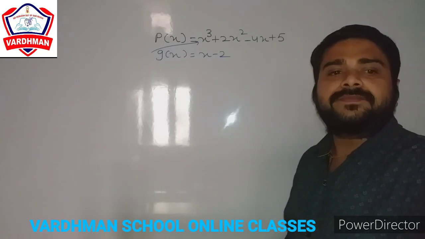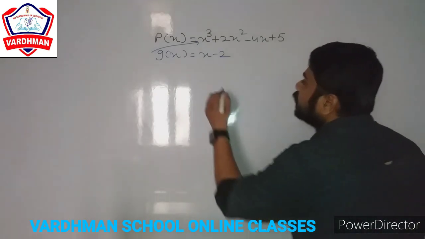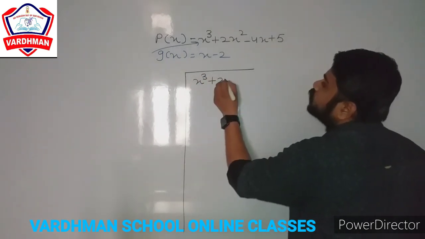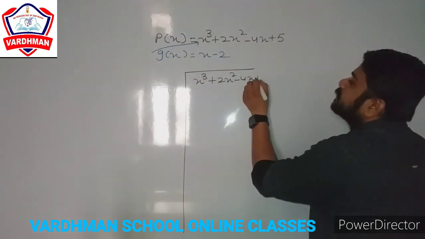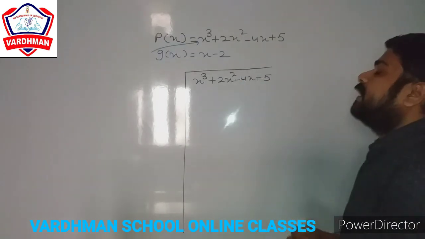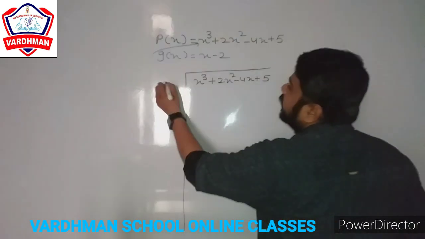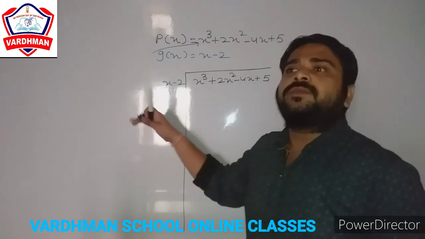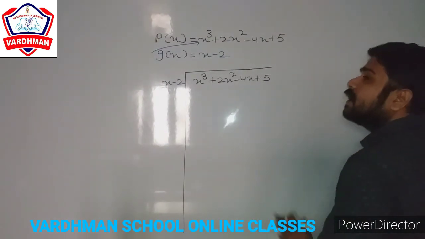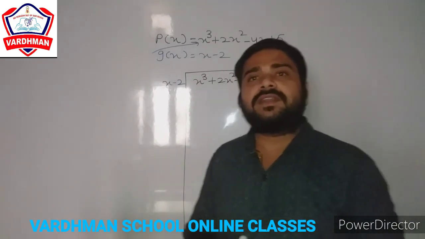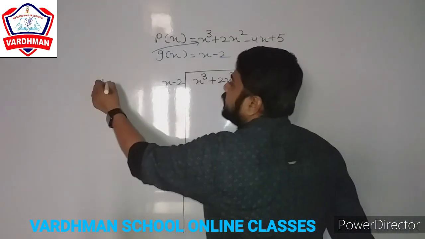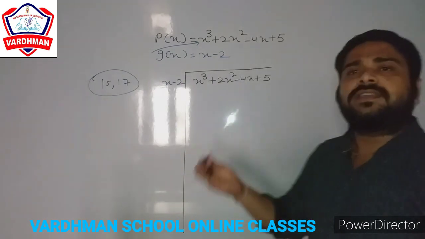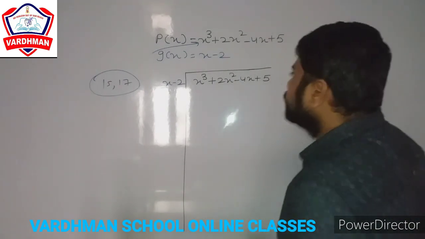In this method, we have to properly divide x cube plus 2x square minus 4x plus 5 by x minus 2, the given polynomial. हमें इस पॉलिनोमियल को x minus 2 से प्रॉपर्ली डिवाइड करना पड़ेगा. अब आप कहोगे कि सर पॉलिनोमियल नंबर्स होता है जैसे 15, 17, कोई भी नंबर होता है उसको तो हम डिवाइड कर सकते हैं. यहाँ पे तो वेरिएबल्स है, कैसे होगा पॉसिबल, हम देखते हैं.